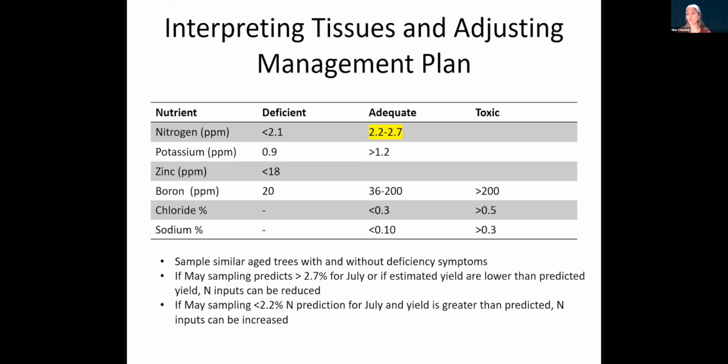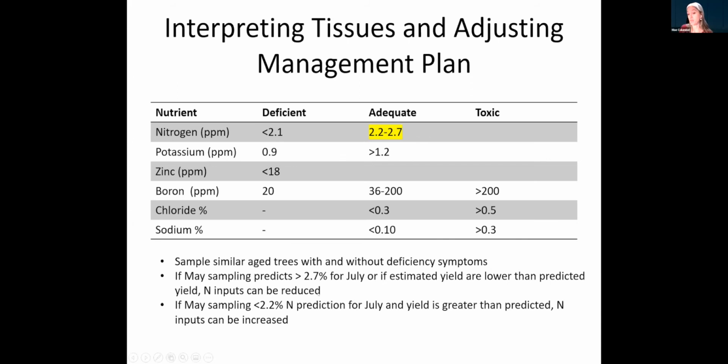So if you do that predictive May sampling, and it says that in July you're going to be at or greater than 2.7%, and if your estimated yield is a little bit lower than what you had predicted, then your nitrogen inputs could be reduced.